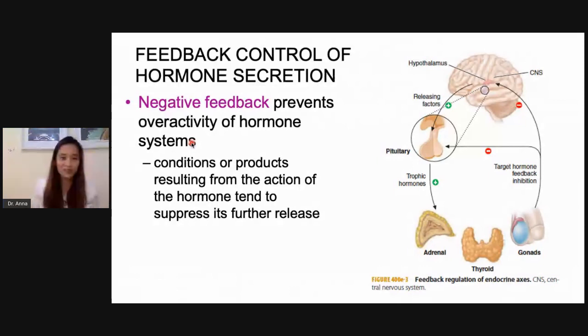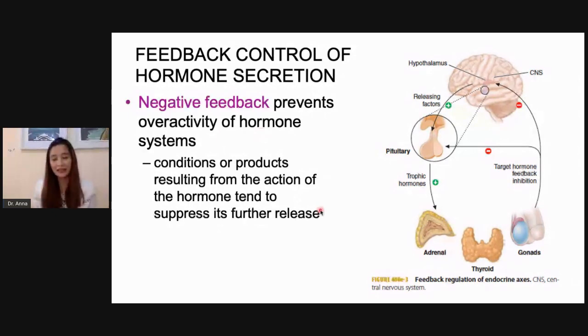So negative feedback prevents overactivity of hormone systems. These are conditions or products resulting from the action of the hormone that tend to suppress further release.